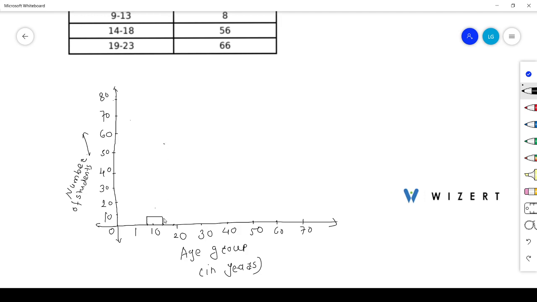Okay, so we can draw like this. And it is 14 to 18.